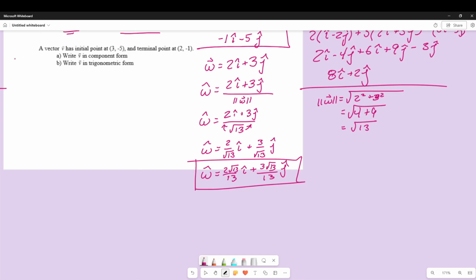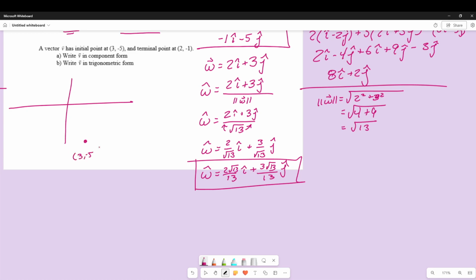Okay, so vectors, I think this is our last one, isn't it? Nice. So our vector V has an initial point and a terminal point as given. It is always good, really, to draw a nice little diagram. So it has an initial point at 3, -5. It doesn't have to be a great diagram.